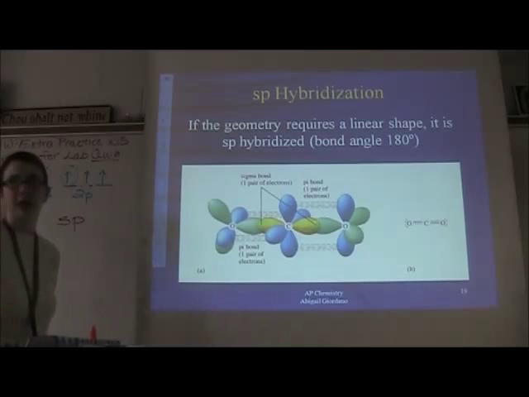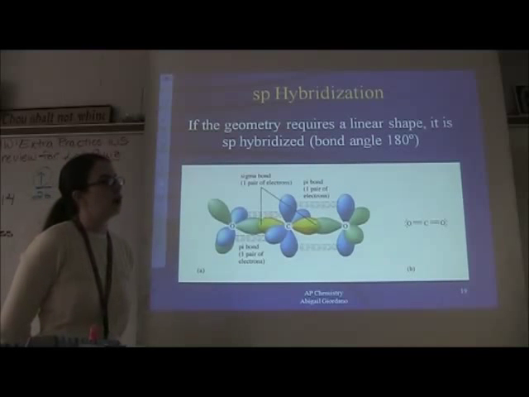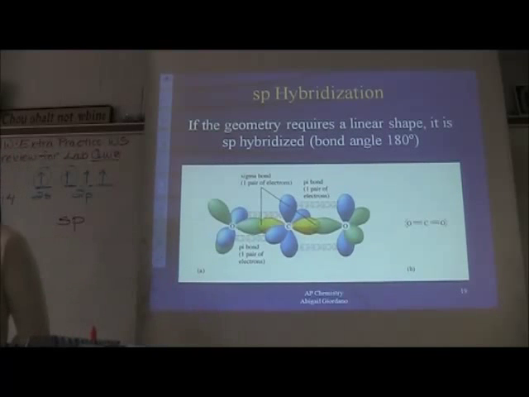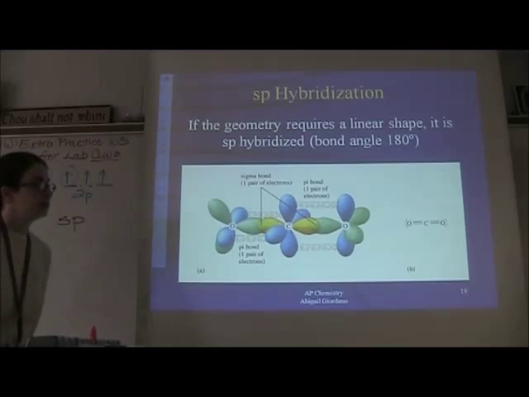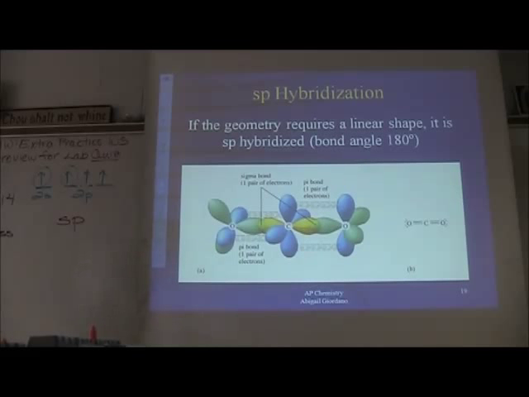I could ask you any atom that I want, though. What is the hybridization around one of the oxygens? How many sides are occupied? 3. So sp2. Remember, a multiple bond counts like a single bond when you're thinking about sides.